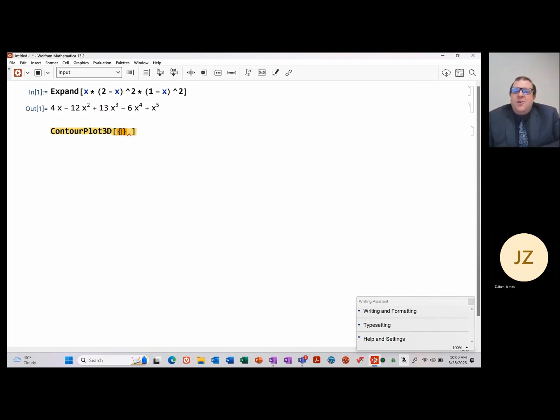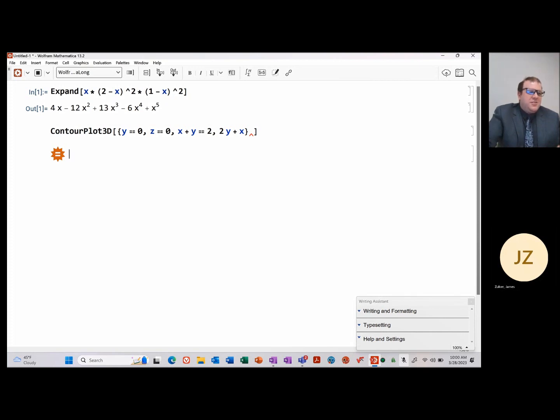Let's go ahead and plot all of the relations that we were given. We were given y equals 0, z equals 0, x plus y equals 2, 2y plus x equals 6. What's going on?